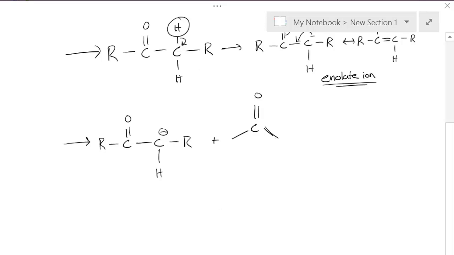Your negatively charged carbon will come and attack the carbon of your other carbonyl compound. Because this carbon right here is partially positive, while the oxygen here is partially negative. When that attack occurs, your double bond will break and those electrons will go up to the oxygen. So as an intermediate, you would get this.